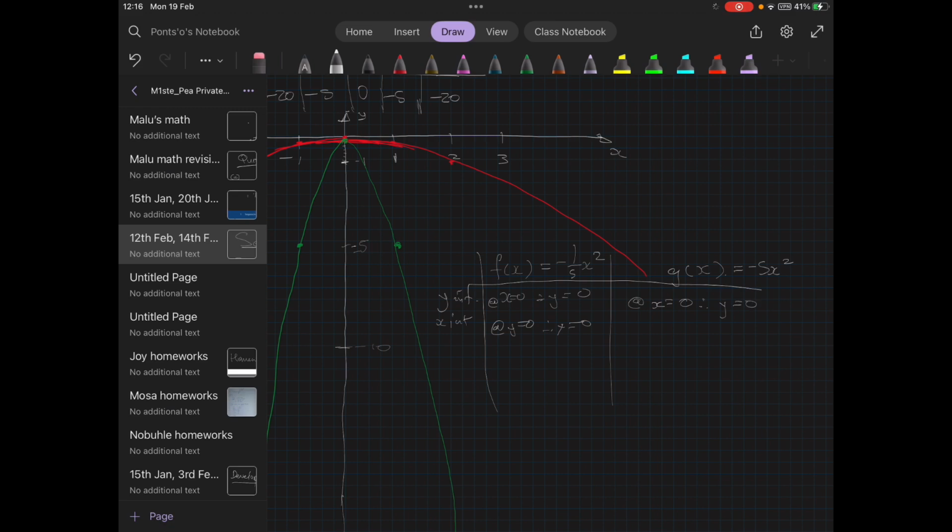It's also 0, correct. And what's the x-intercept? Also 0. Okay, great.